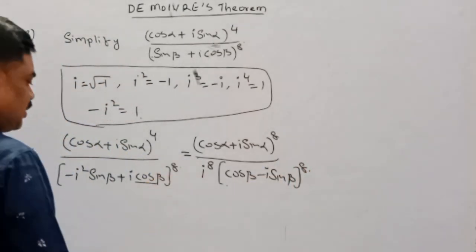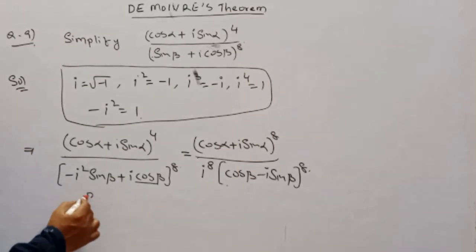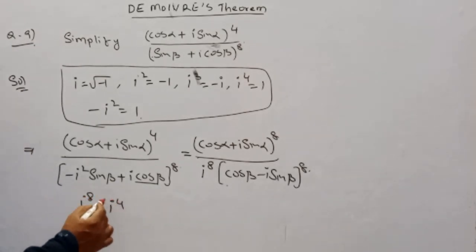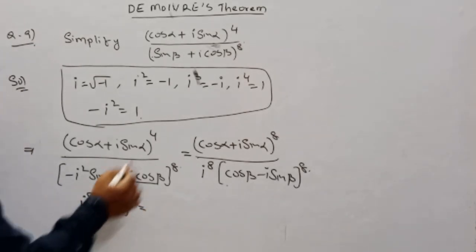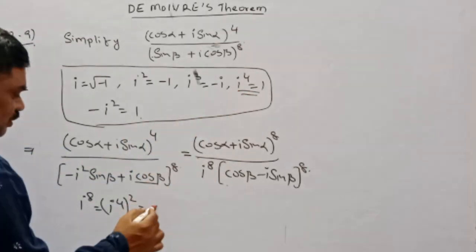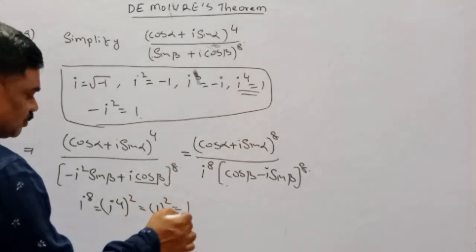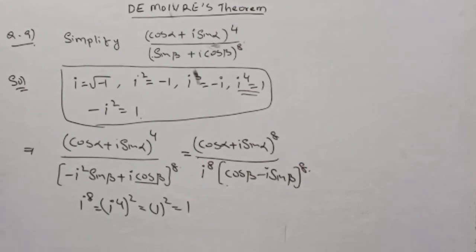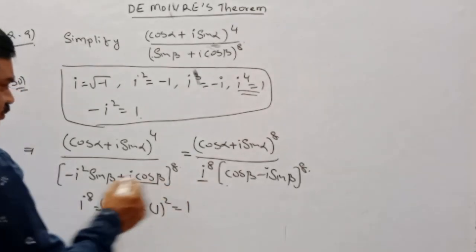But i power 8 is equal to what? i power 8 is equal to i power 4 whole square. i power 4 is equal to 1, 1 square is equal to 1. Okay, all of you? Then this value is 1.